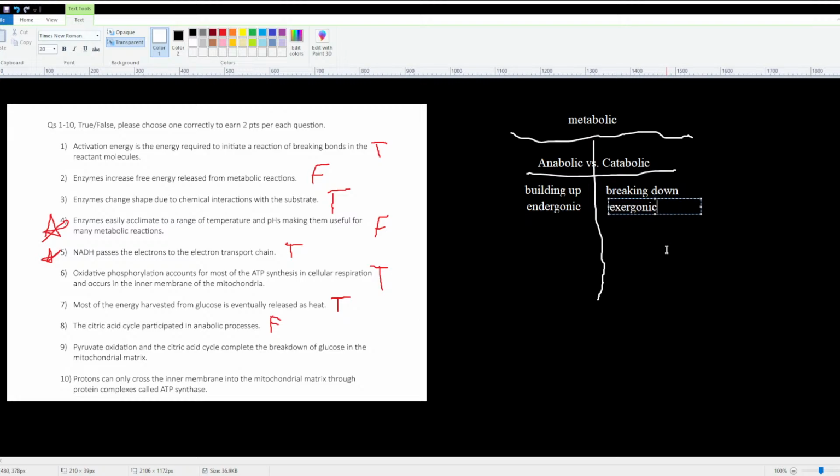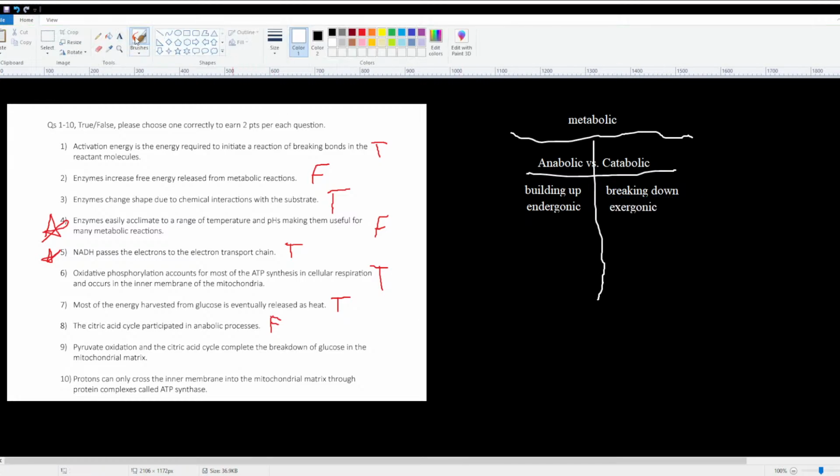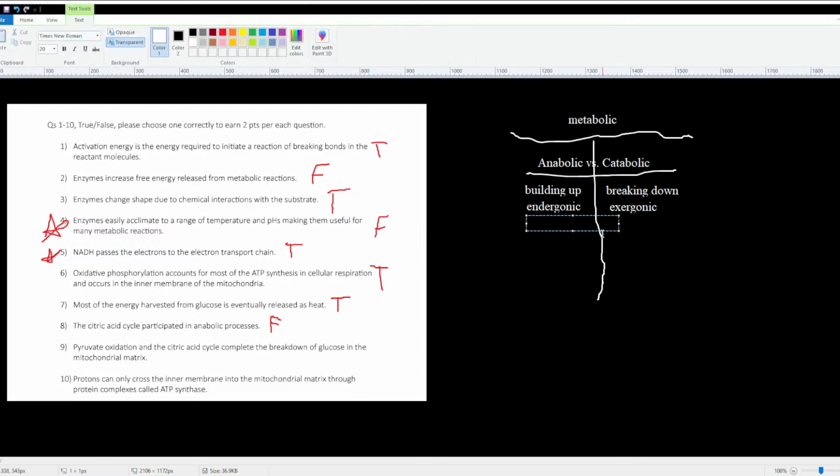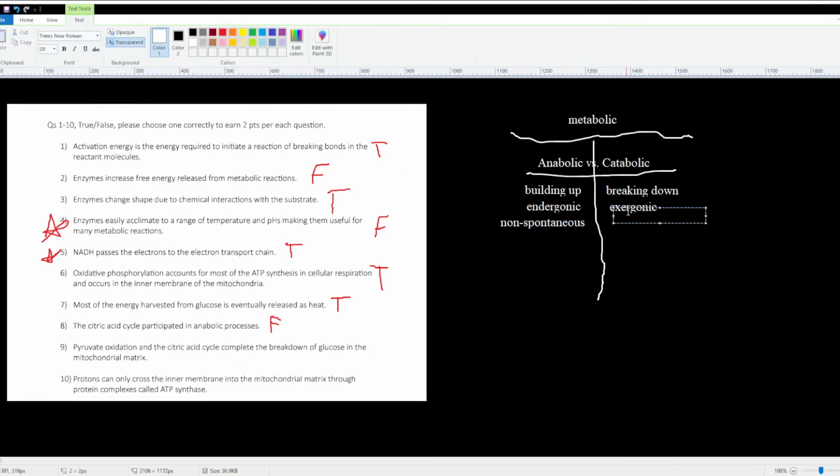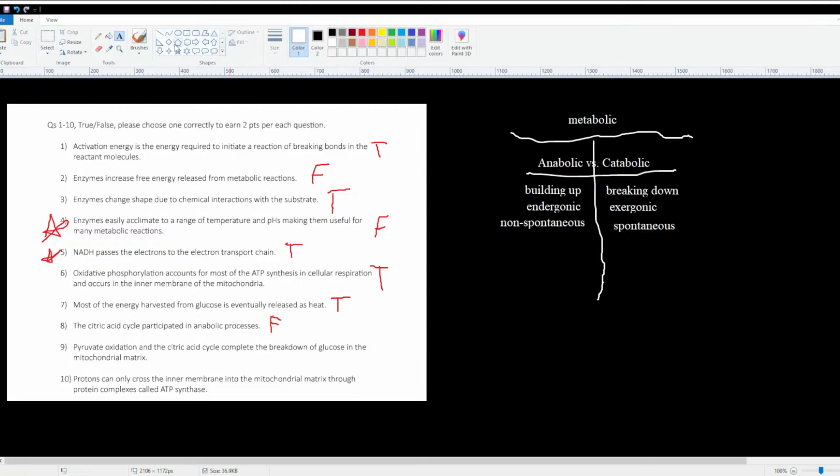And what can we say about those, right? It means that anabolic is non-spontaneous, and catabolic is spontaneous. So what does that mean then?